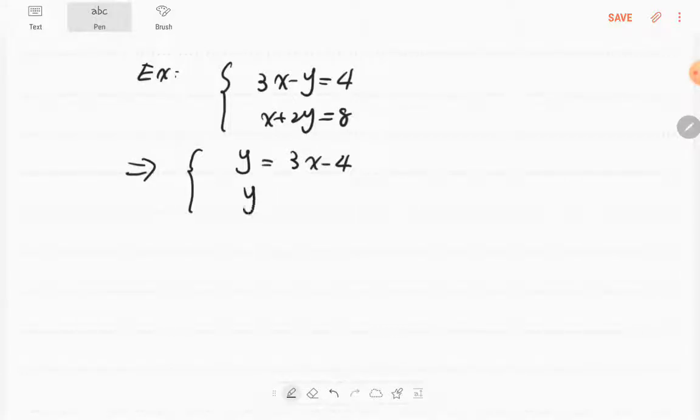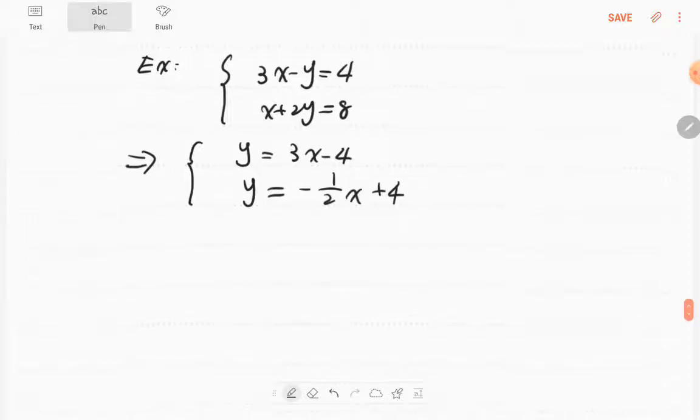And the second one, we will get, let me see, negative half x plus 4. So you need to do lots of practice to make sure you can transfer the equation to slope-intercept form very quickly, just like I did, right?